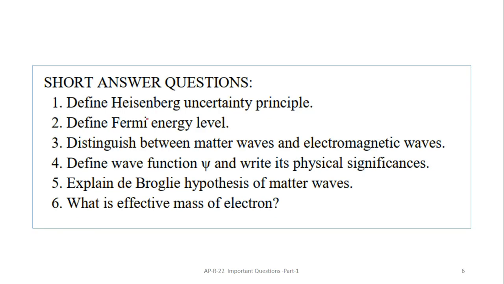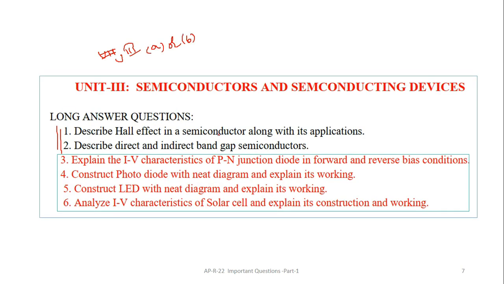Next, here also we have short answer questions as I told previously, especially the Heisenberg uncertainty principle, what is the Fermi energy level, distinguish between matter waves and electromagnetic waves, what do you mean by wave function and its physical significance, the de Broglie hypothesis of matter waves, and effective mass of the electron, the Hall effect in semiconductors along with its applications, and direct and indirect band gap of a semiconductor.